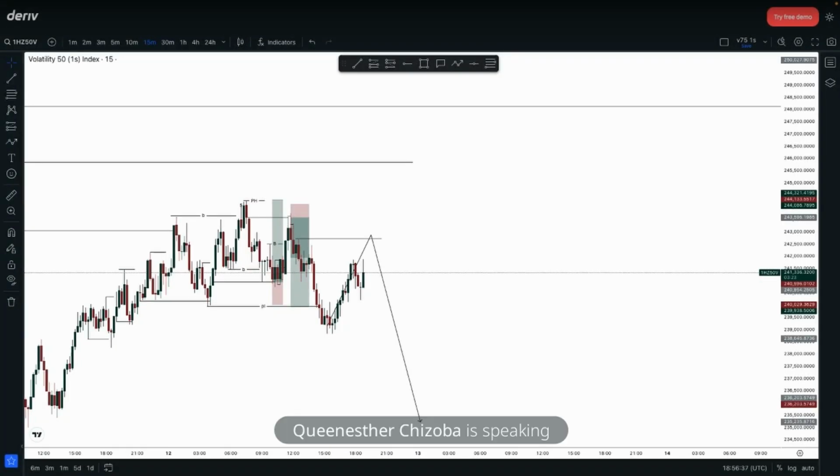Yes, that makes sense to me. I don't think the structure is very explanatory. Like, I understand the structure, but it's the liquidity graphs.